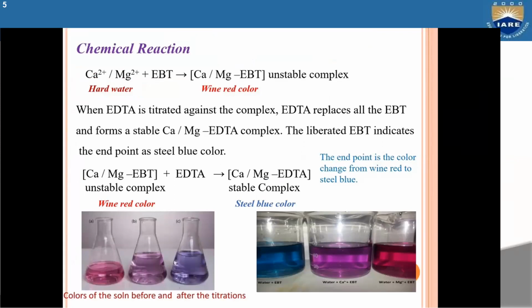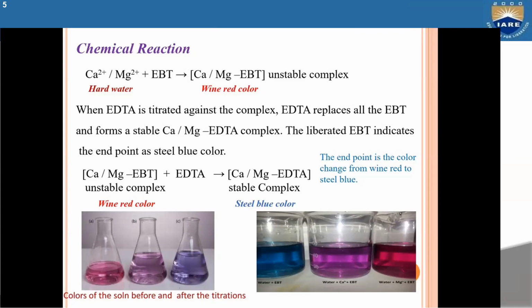This is an unstable complex and it is a wine red color. So hard water contains calcium and magnesium ions, and we titrate with the Eriochrome Black T indicator to get the unstable complex. That color is wine red.